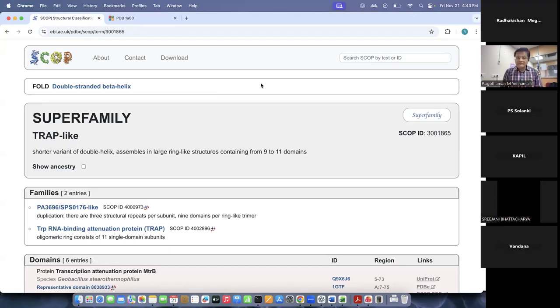Does it have a crevice? Does this particular fold undergo a huge conformational change? If it does, what is the time scale of the conformational change? Does it happen in milliseconds or microseconds or nanoseconds?